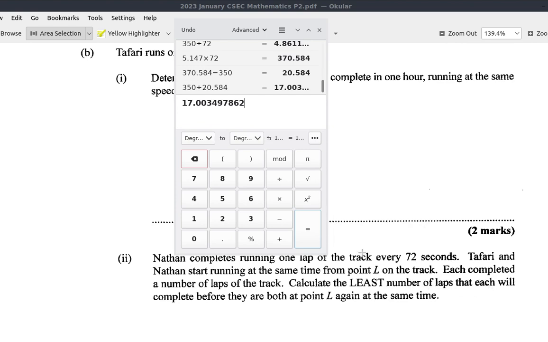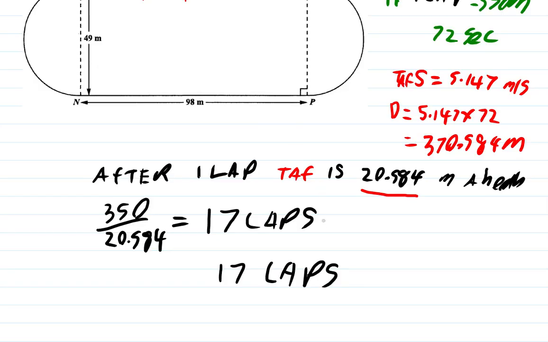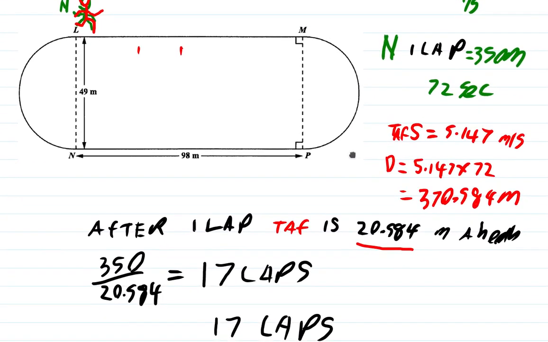Calculate the least number of laps. Okay, they want the number of laps that each completes. How many laps would they have completed during that time?